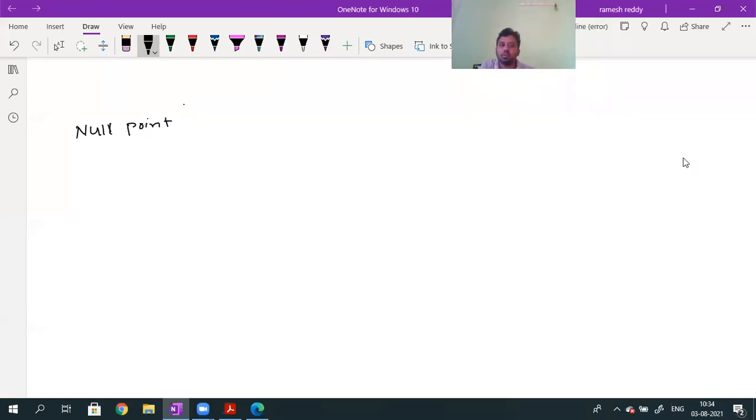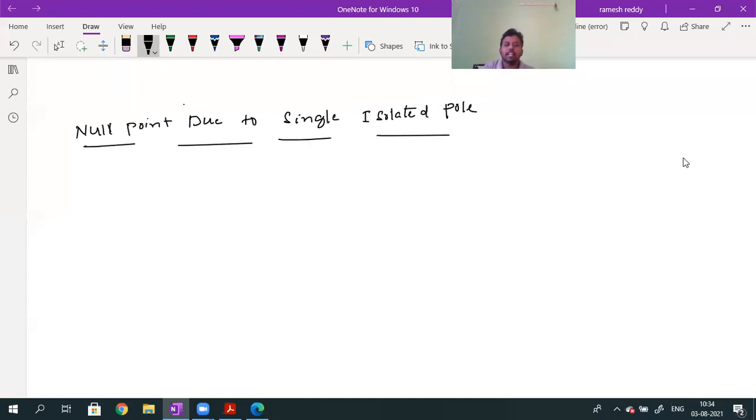Null point due to a single isolated pole. Let me consider a table.